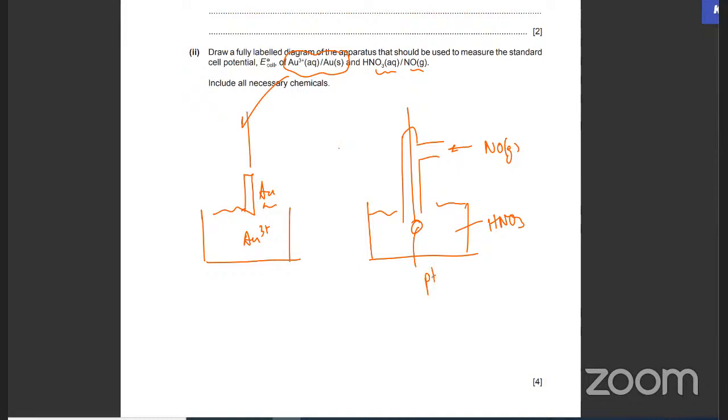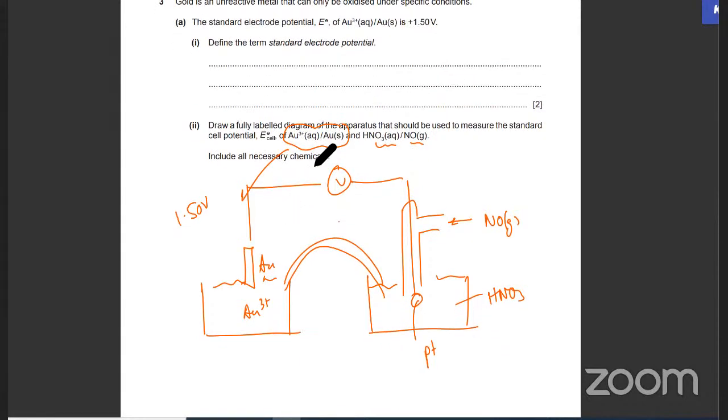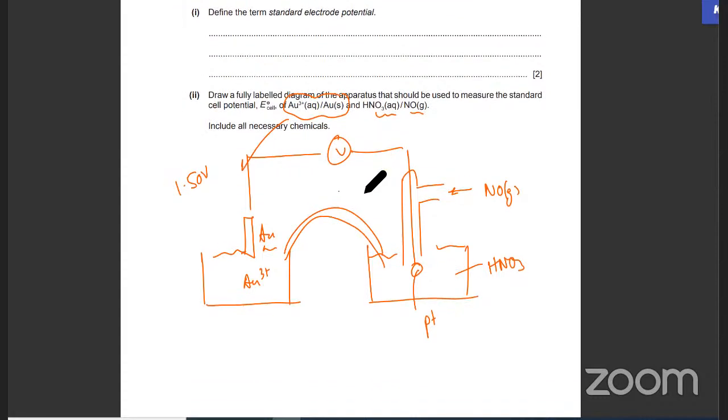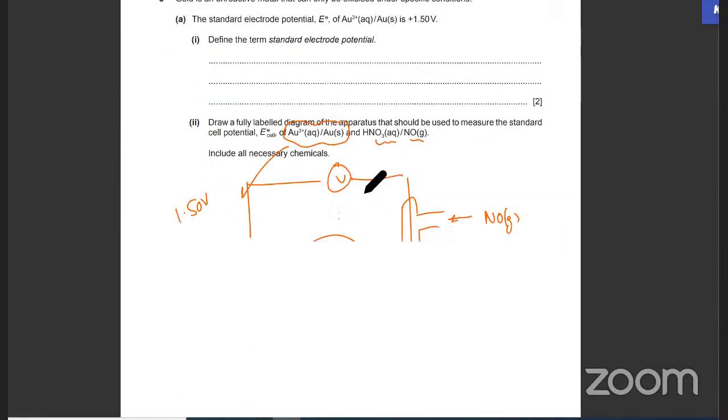So sir, how will we explain the electron flow if we don't know? At the moment, if you don't know the electrode E0 value, you won't be able to tell the electron flow. But they've told us that this one is 1.5 volts. And they didn't ask for the electron flow in the draw a fully labeled diagram.